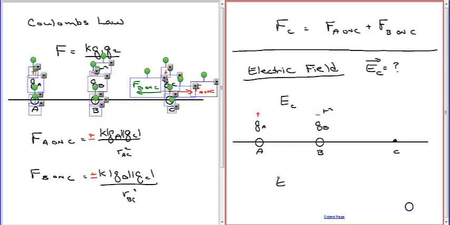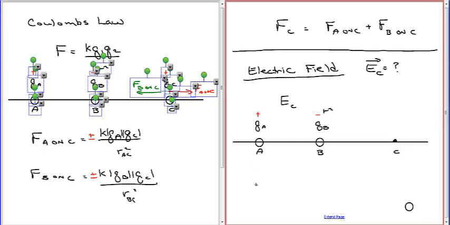So the electric field, there's two things. It's equal to K times Q. Let's say the electric field at point, so let's erase this here a second.